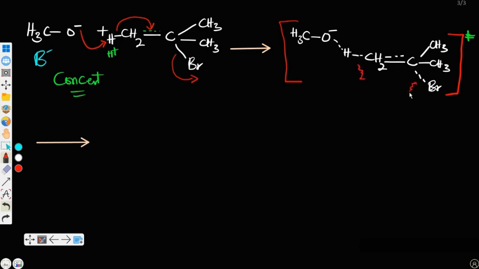This Br arrow also has broken. Br arrow is no longer here. So what you are going to form is CH2 double bond C. Here will be what? CH3. Here will be what? CH3 plus.